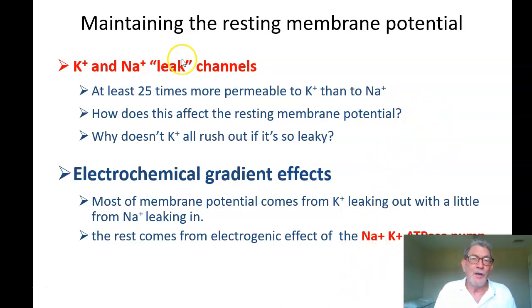So you have some leaking in both directions, and you have a lot of pumping in both directions. And what that does is maintain a resting membrane voltage of about minus 70 compared to the outside. If any of these get messed up, you get sick. Your cells will work too much or too little if that membrane voltage changes too much.